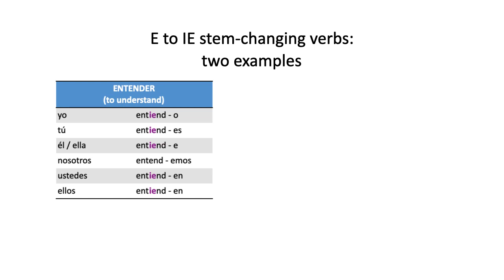And then since I know that it's an E to IE stem changing verb, I applied those changes to all the forms except for the nosotros form, right? What about the endings? Well, it's an er verb, entender. So I added the er endings, o, es, e, emos, en. Okay, that's what I did.